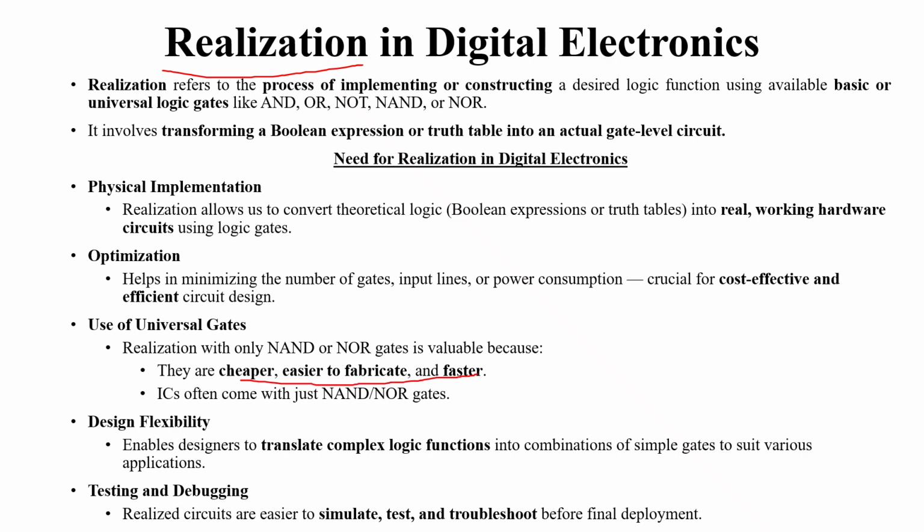ICs often come with NAND or NOR gates. These days we are working with many high input gates, high end graphics cards, and many terabytes of hardware, and we need the output process to be very fast and the graphical processing to be faster. Hence we are utilizing universal gates.